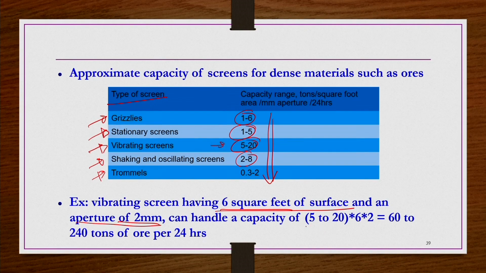Then according to this table, the capacity should be 5 to 20 multiplied by 6 multiplied by 2. So you get 60 to 240 tons of ores per 24 hours it can handle.